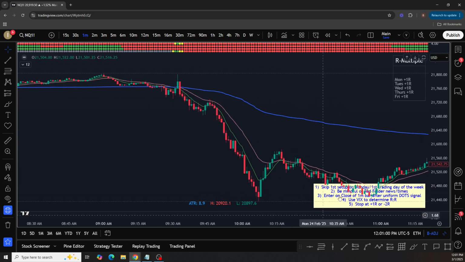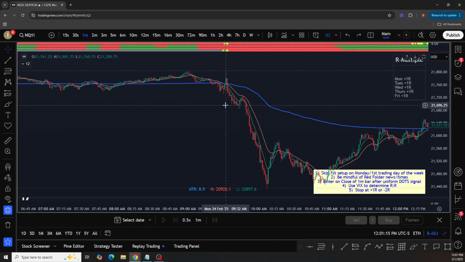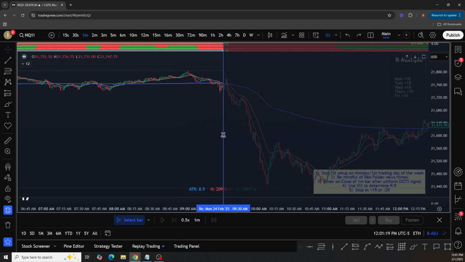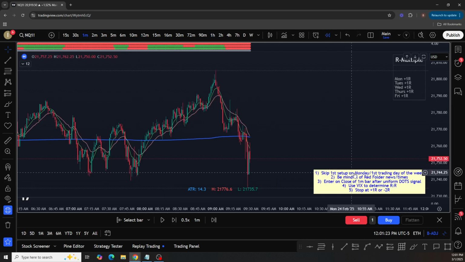So the rules skip the first setup on Monday, and I can just see this without doing market replay. Is this Monday? Oh shit. Date, select bar, market open. So skip first setup on Monday. This is Monday the 24th.